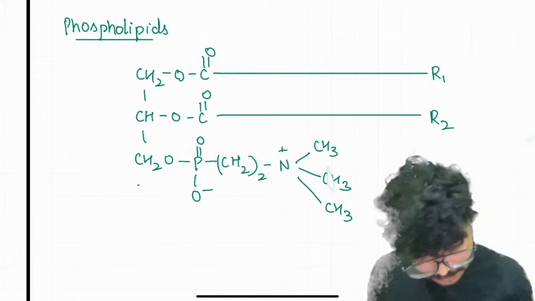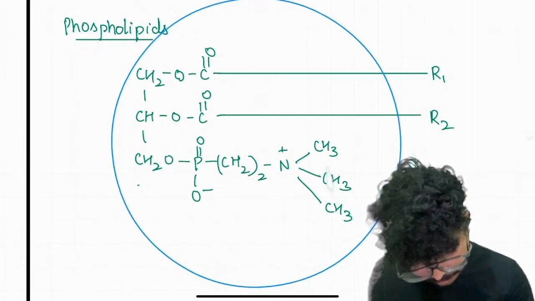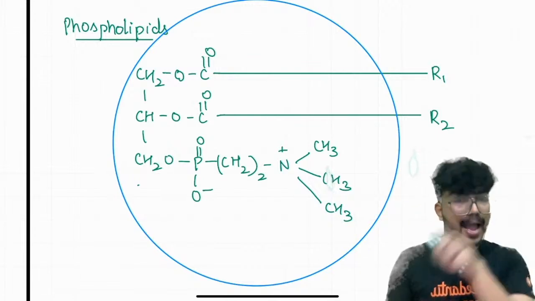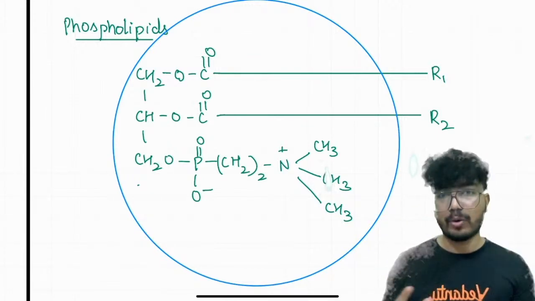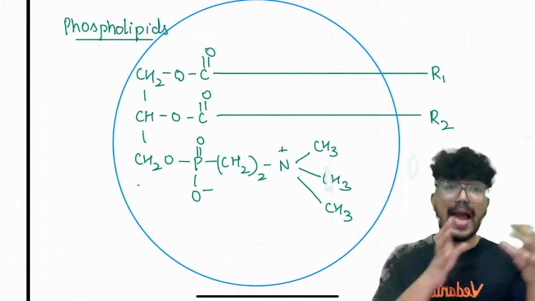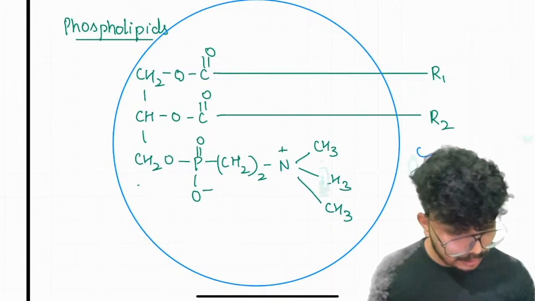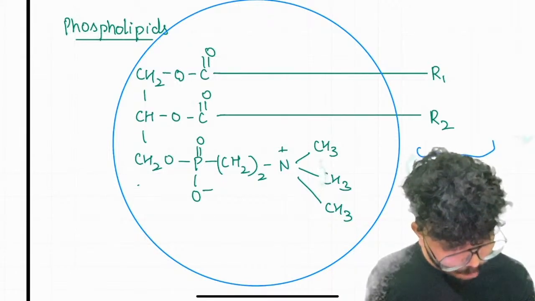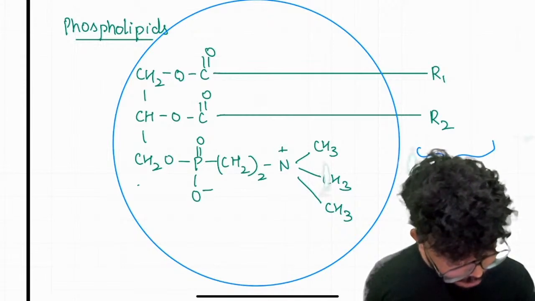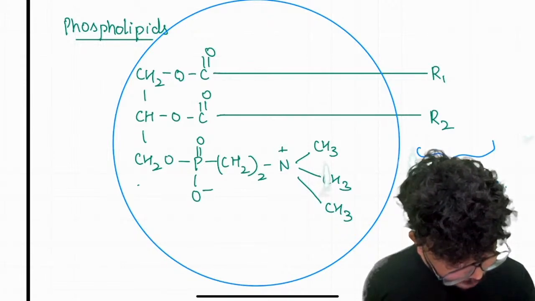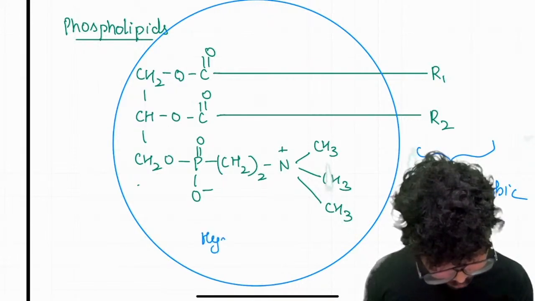Okay, so let me just circle this part. Now, here you have the hydrophilic head, and R1, R2 are going to be long hydrocarbon chains. So they are the hydrophobic part of the phospholipid, right? So R1, R2 are long hydrocarbon chains, and this will make up your hydrophobic tail, and here you have your hydrophilic head.